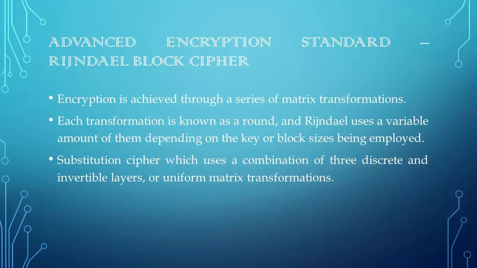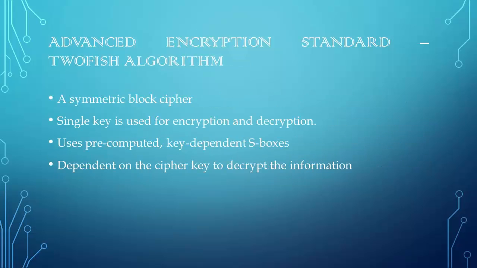Rijndael is a substitution cipher which uses a combination of 3 uniform matrix transformations: the linear mix transformation, the non-linear transformation, and the key addition transformation. Before the first round, a simple key addition layer is performed, which adds to the overall security of the process. The Twofish algorithm is basically in the same category as the Rijndael algorithm.